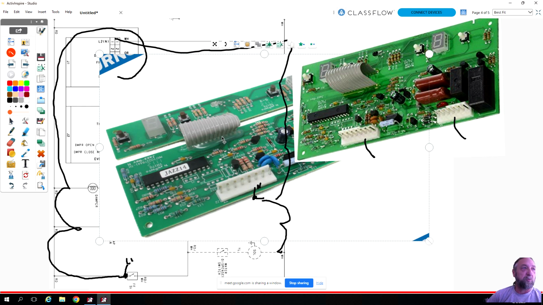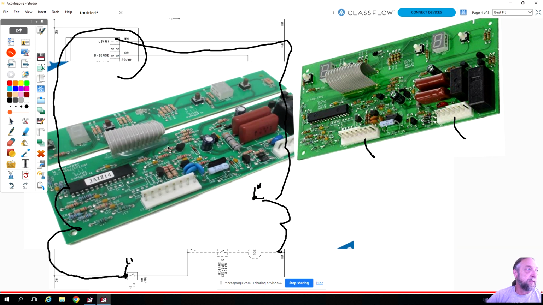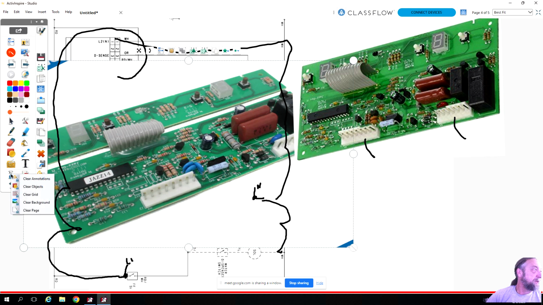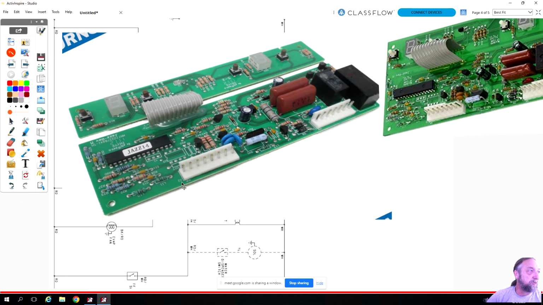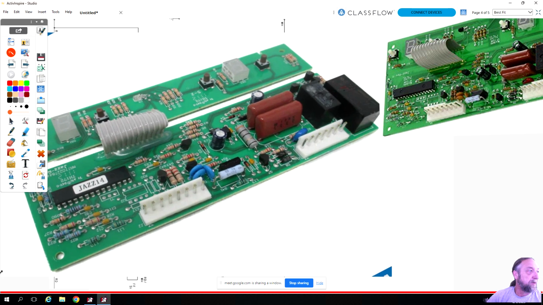Okay, so let's look at this board here. Let's clear the screen. So if we look at this board here, J2 is right there, and J1 is right there.